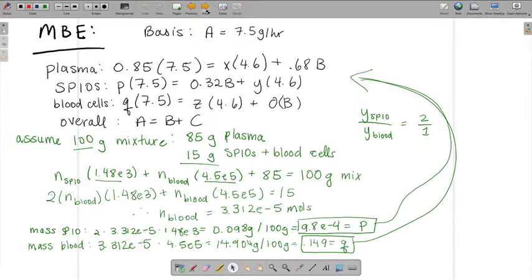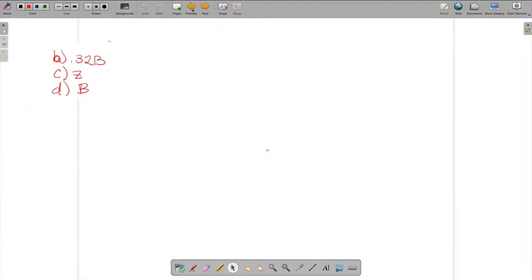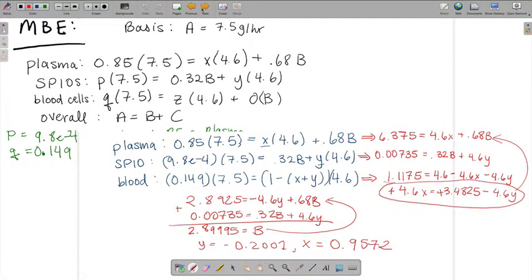We know that our B is 2.8995. So B is equal to 2.89995. And then our Z can be solved by saying that 1 minus y plus x is equal to z. So our y is negative 0.2001, and then our x is 0.9572.